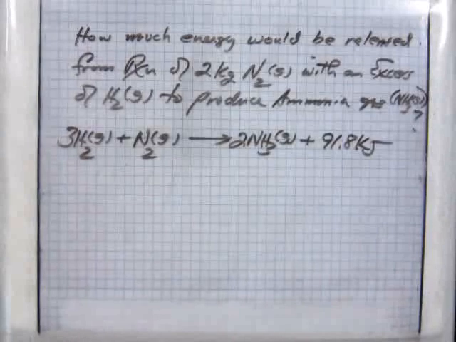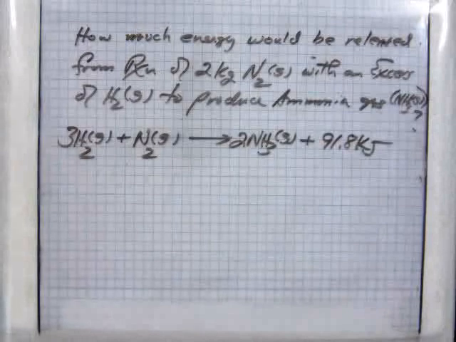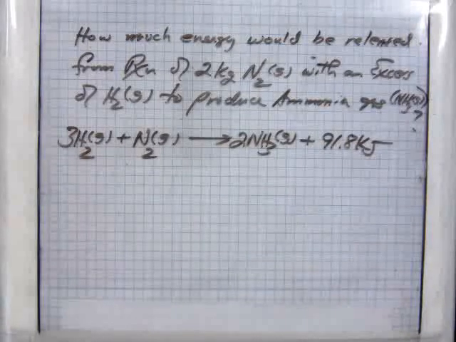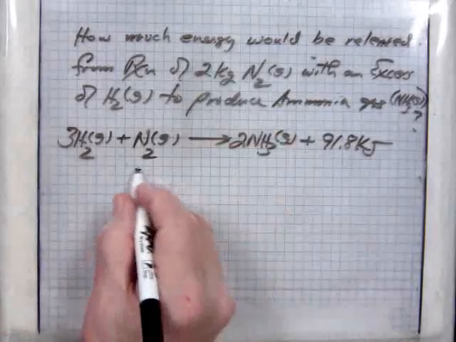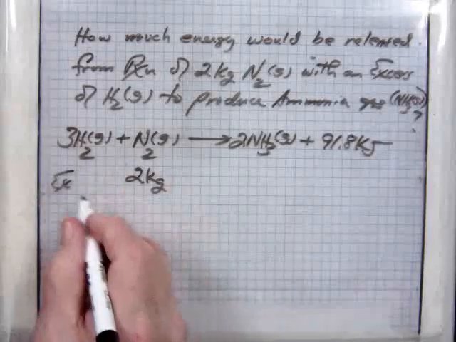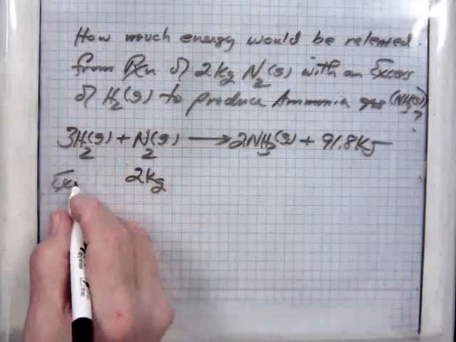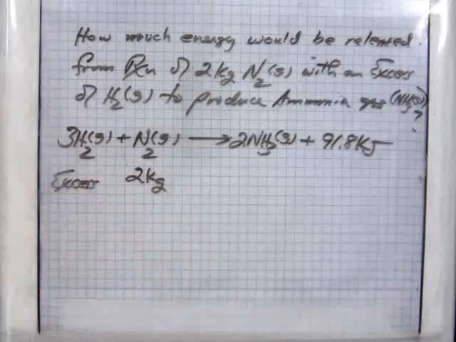Okay. Typically, the problem will give you the equation, the balanced equation, but if it doesn't, you should be able to write one at this point in your education. So, what are we given? We're given 2 kilograms of molecular nitrogen, and an excess of hydrogen gas, okay?